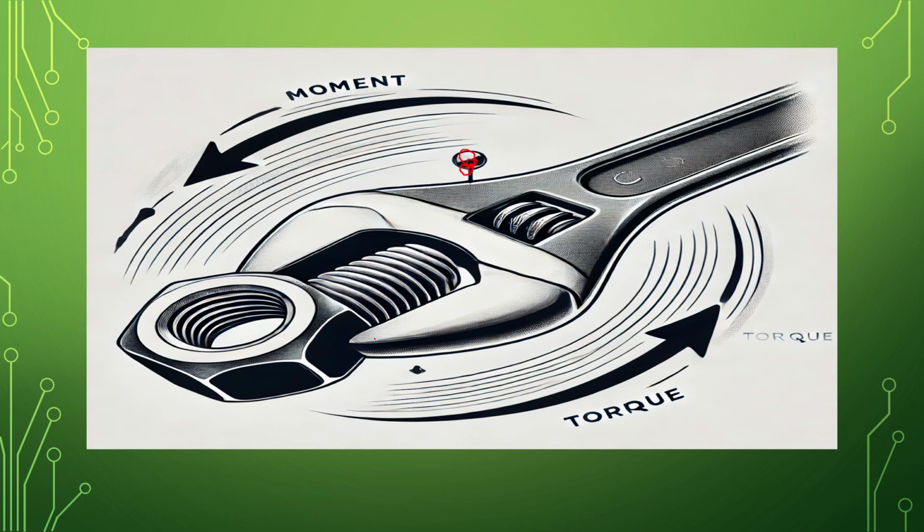So when I rotate this in clockwise or anti-clockwise direction, or when I rotate this like a screw, in this direction, the distance between the pivoted point and the effort or the force, this distance into the force applied is called torque.